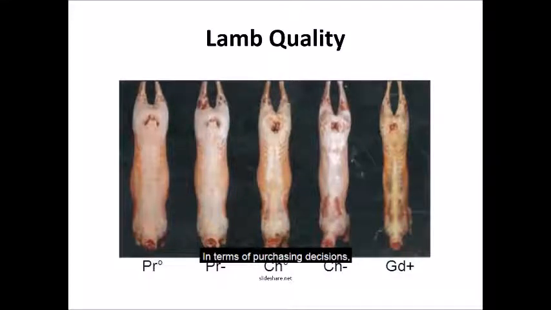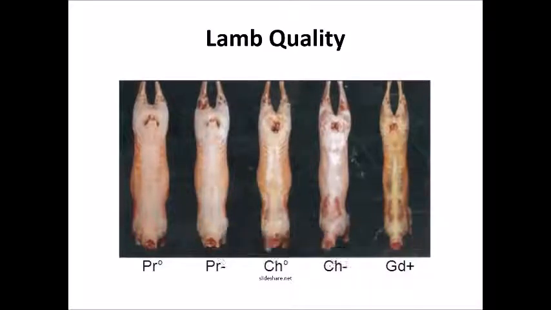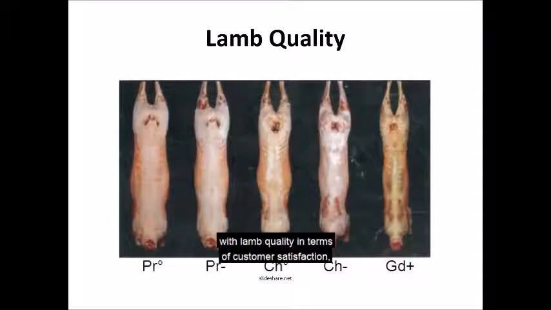In terms of purchasing decisions, they're looking for a value, which might be attributes of quality relative to price, or it might have something to do with the production protocol of how that lamb was raised, grass-fed, organic, etc. Or that value equation could just be a matter of how much of what is purchased is actually edible versus wasted.